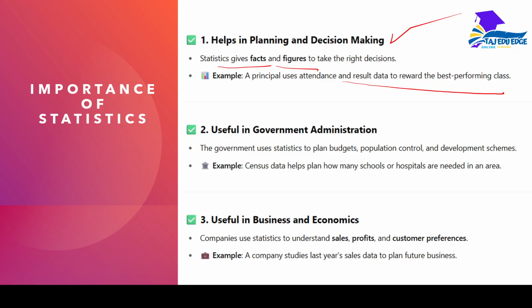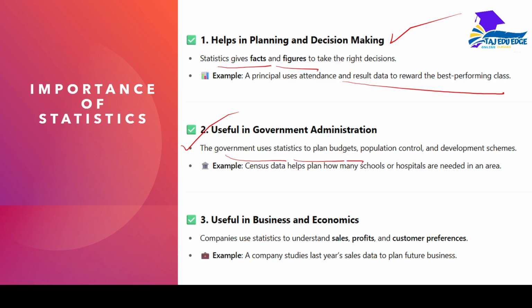Next, second one, useful in government administration. Statistics is used not only in private institutions, private businesses, educational institutions, even the government administration is done using the statistical data. Here, the government uses statistics to plan budgets, like union budget, state budgets, right?